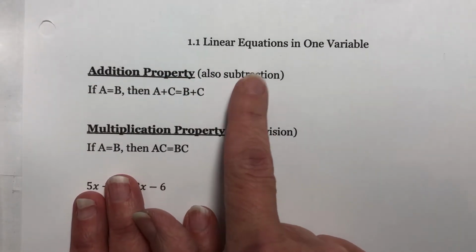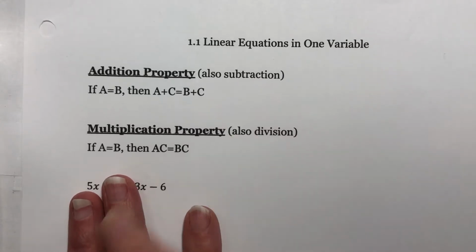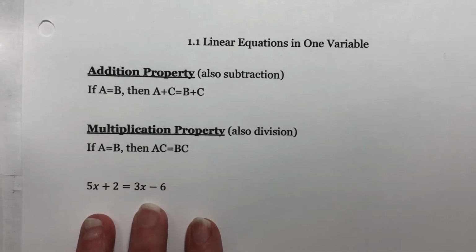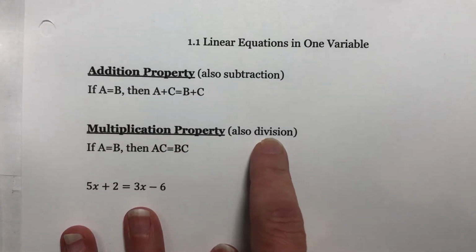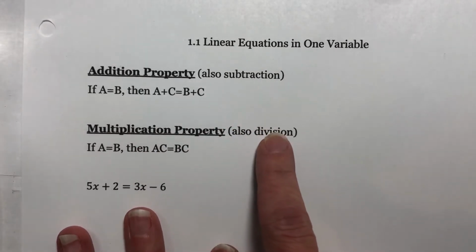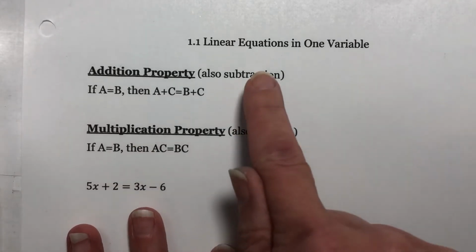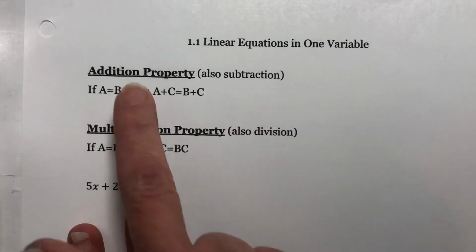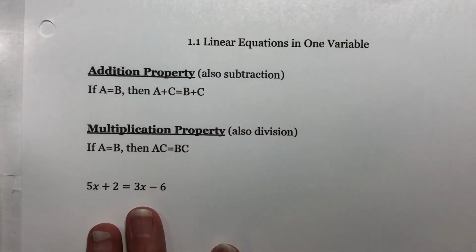And that's because subtractions can always be rewritten with a negative number, making it addition. We also have a multiplication property, which is also division. This pairing happens a whole lot too, because if we are dividing, we can change it into multiplying by a fraction. So we can always write a subtraction problem as an addition and a division problem as a multiplication. That's why they tend to go together.